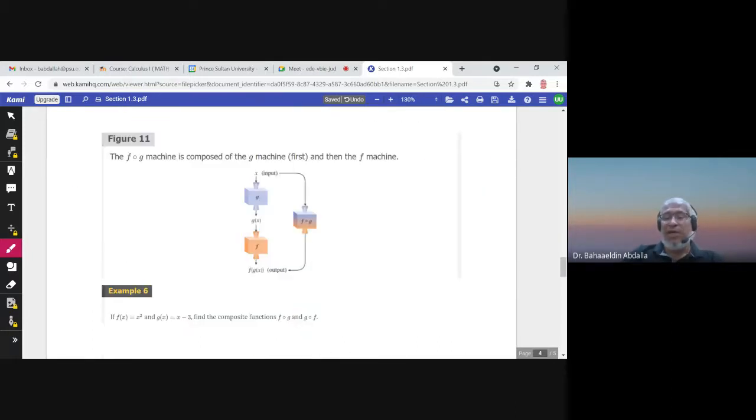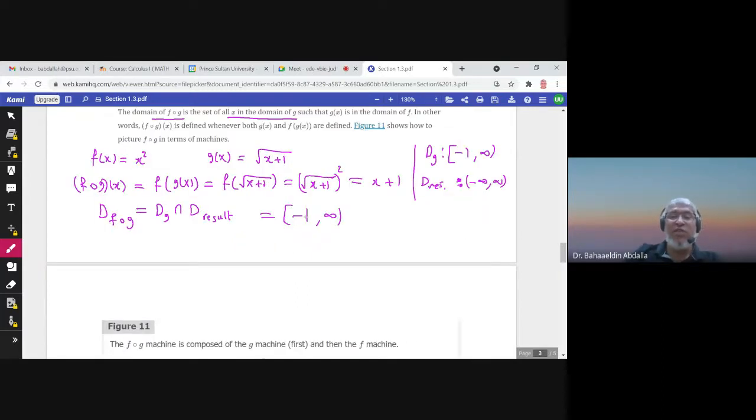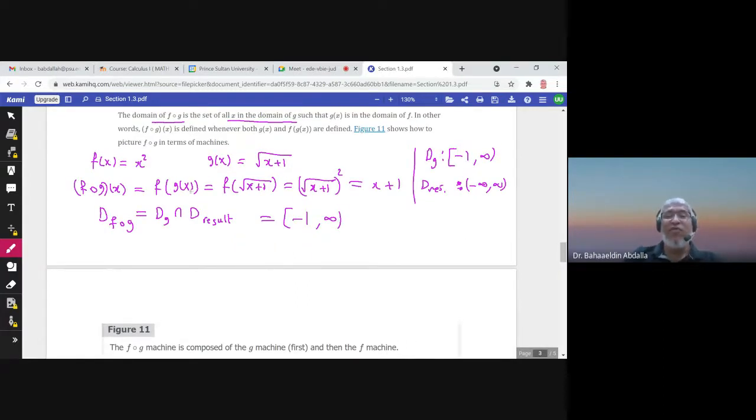This is a shape figure that will help you. In f circle g, what happens? This is the input, this is the output. If x is the input, it goes first to g, not to f, because the definition says f of g. So x goes first in g.